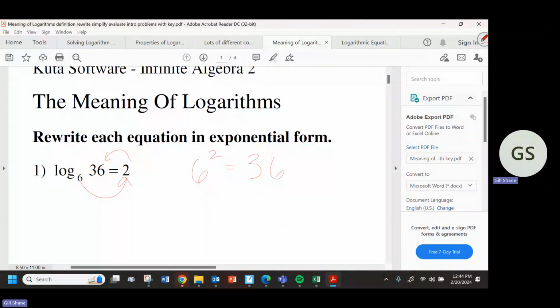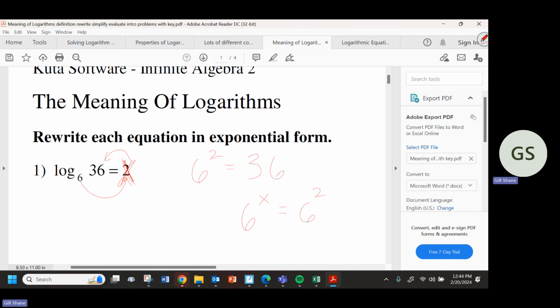Let's say this was X out here. Well, the way we're really doing it is 6 raised to the X power equals 36, but I could write it like that, same base. So X has to be 2.